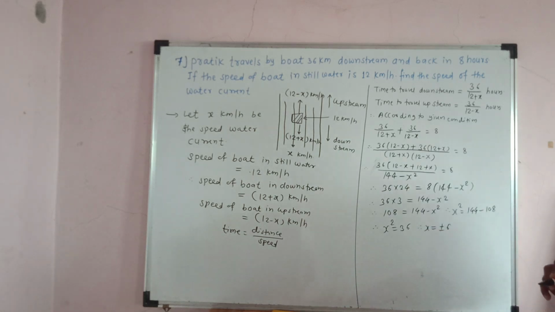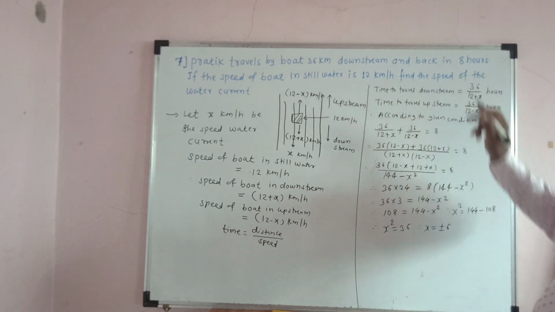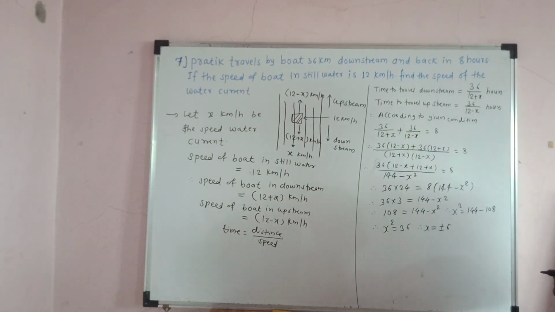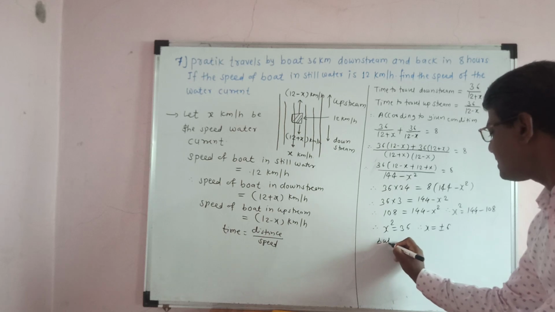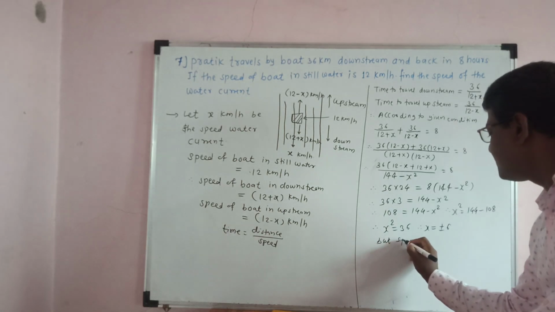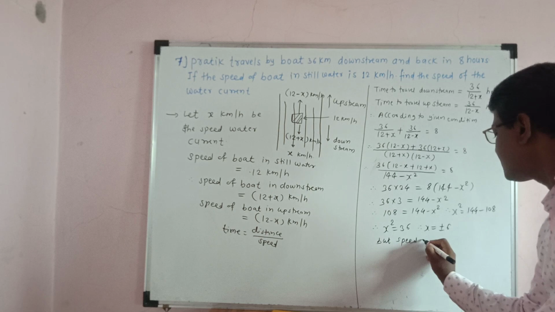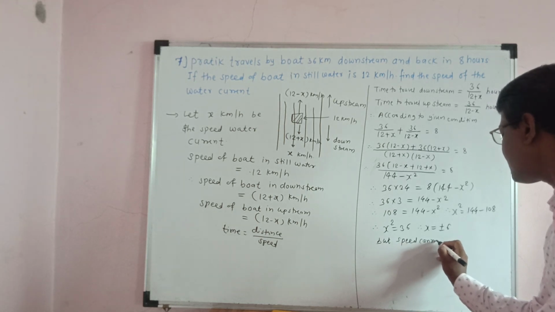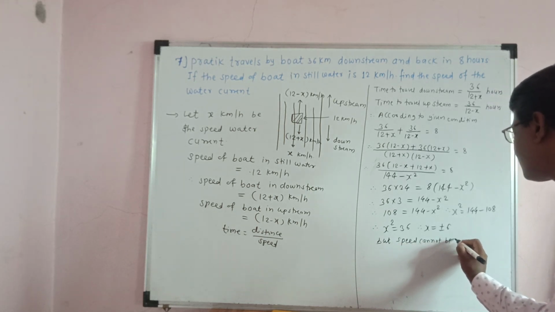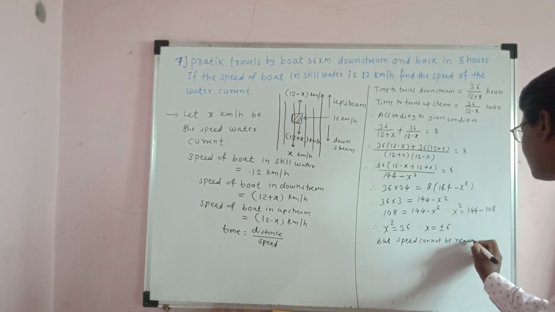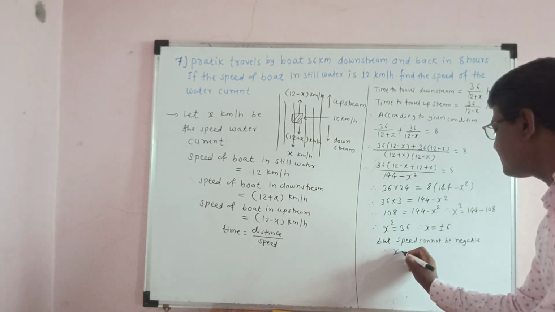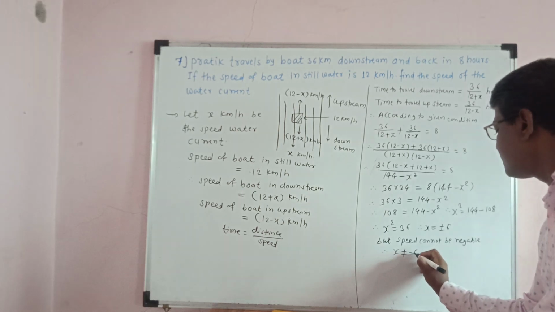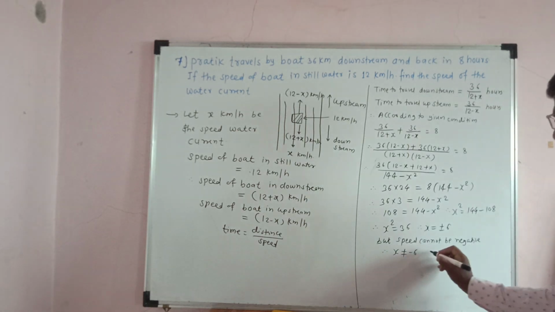Plus minus 6. But speed cannot be negative. Speed is always positive, but speed cannot be negative. Therefore, x is not equal to minus 6.